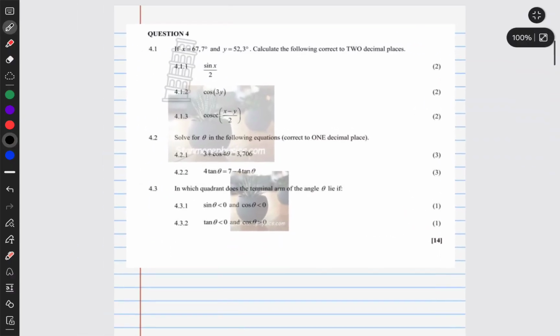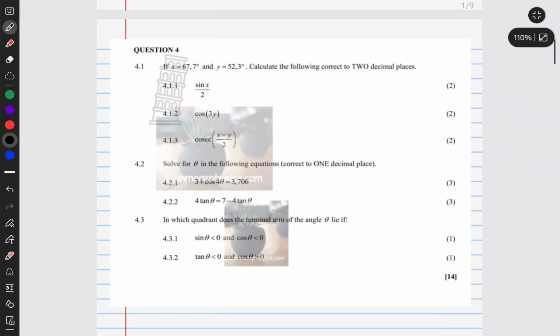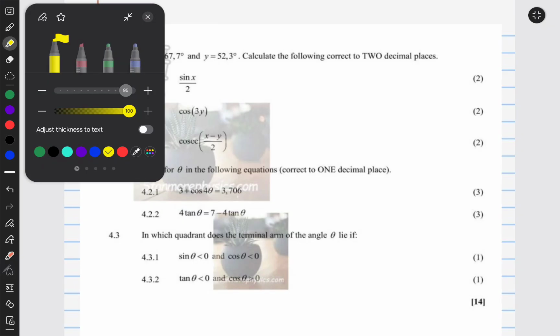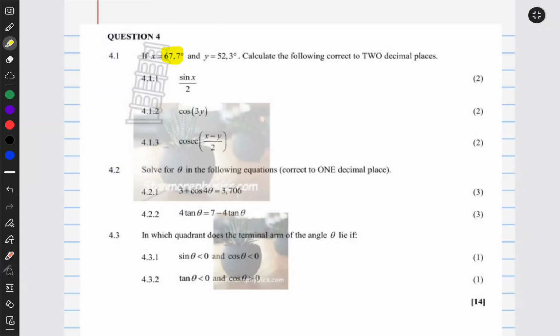Okay, the first question that has trigonometry is question number 4, and it reads as follows. 4.1: if x is equal to 67.7 degrees and y is equal to 52.3 degrees, calculate the following correct to 2 decimal places.